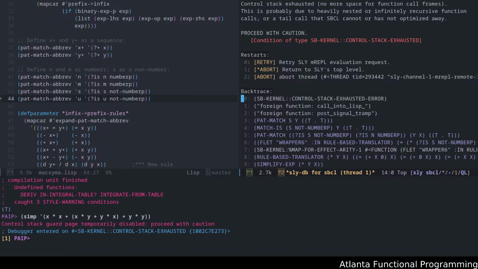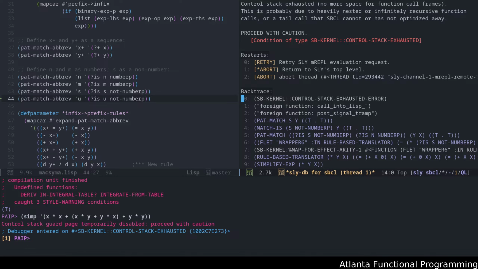Interesting. Why is it attempting to pattern match? If S is not a number and N is not a number, YX is okay. So the order in which matters.